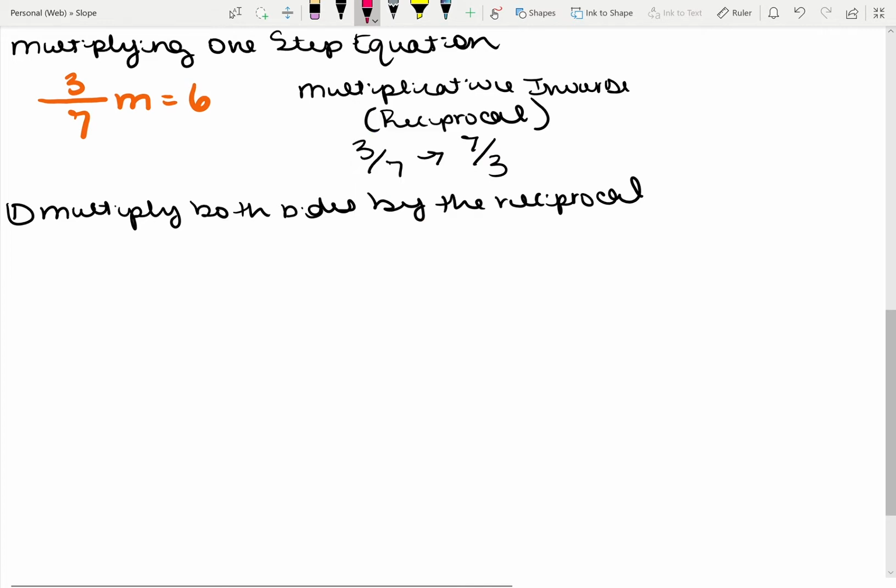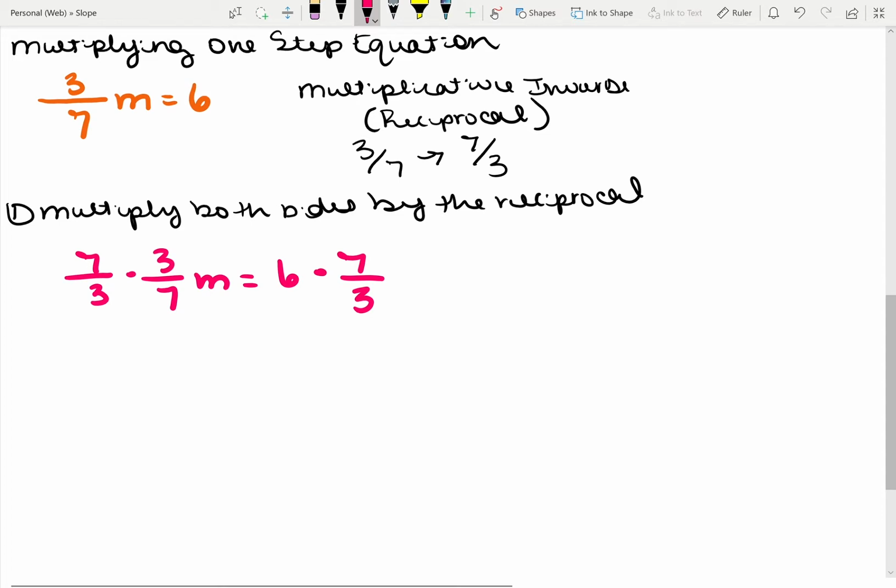And so we have 7 over 3 times 3 over 7 m is equal to 6 times 7 over 3. Okay, and again, notice I multiplied both sides by its reciprocal, which is 7 over 3.